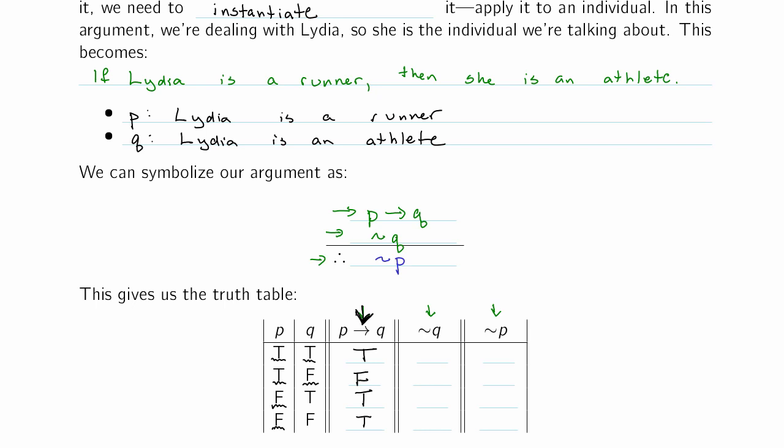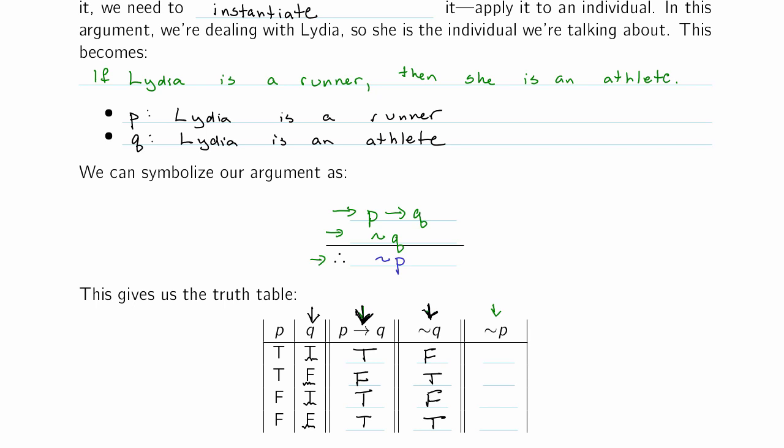Now for not Q, we just want to negate Q. So whatever the truth value of Q is, not Q will be the opposite. Opposite of true is false. Opposite of false is true. Opposite of true is false. Opposite of false is true.